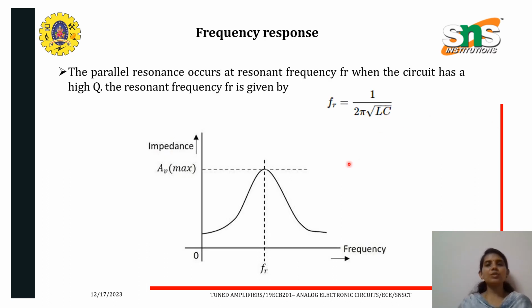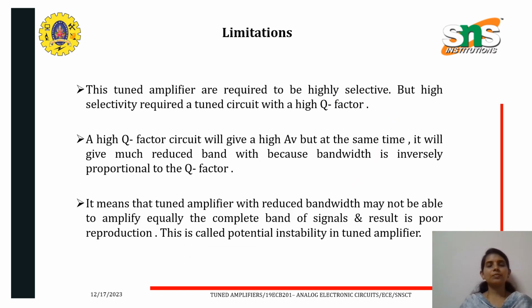The frequency response for the single tuned amplifier is given here. We can see that the bandwidth here is narrow. So we call tuned amplifiers narrow band amplifiers, and the frequency is given by 1 by 2 pi root LC. The disadvantage of this kind of amplifier is that it is required to be highly selective.